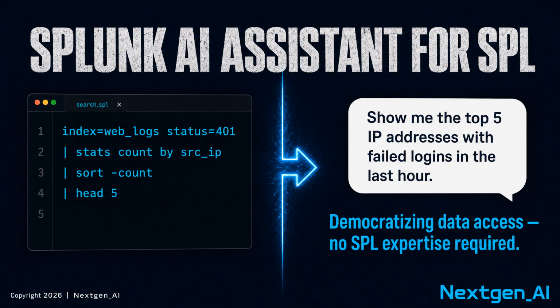During a critical production incident, imagine typing, "Show me the hosts with the highest 500 error rate for the checkout API service in the last hour, grouped by data center." The AI assistant instantly generates a precise, optimized SPL query. It understands your data schema and common SRE patterns, reducing cognitive load significantly.